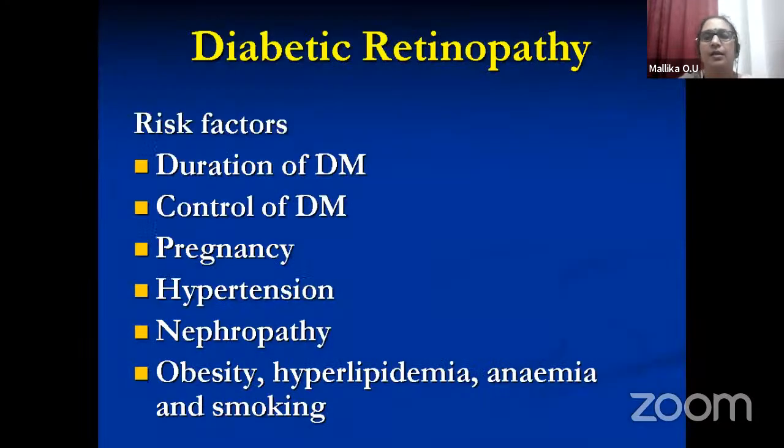The risk factors, the first and foremost is the duration of the diabetes. So the duration is the most important risk factor for diabetic retinopathy, then comes the control of the diabetes. So even if the patient is under good control and the diabetic age is 20 years, suppose a person develops IDDM at 15 years, and by 35 years of age the patient's diabetic age is 20.